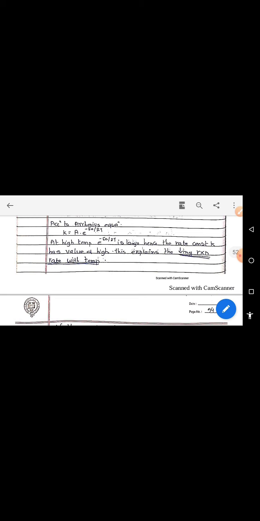This explains the change of reaction rate with temperature. Hence the rate of the reaction and the temperature are related to each other.